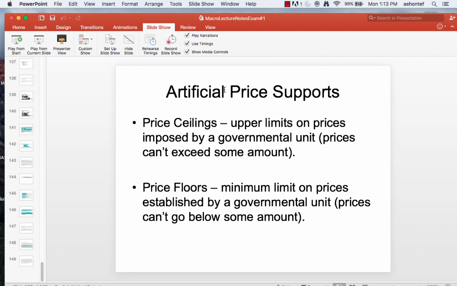Or if you see a binding price floor, which is a minimum limit on prices, the government has basically said the price can't go below some amount. The only time a price floor is a problem is when it's set above equilibrium. So a binding price floor means the price floor imposed by the government is actually above the equilibrium.